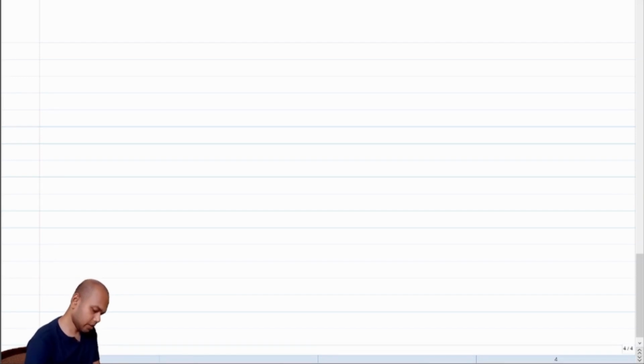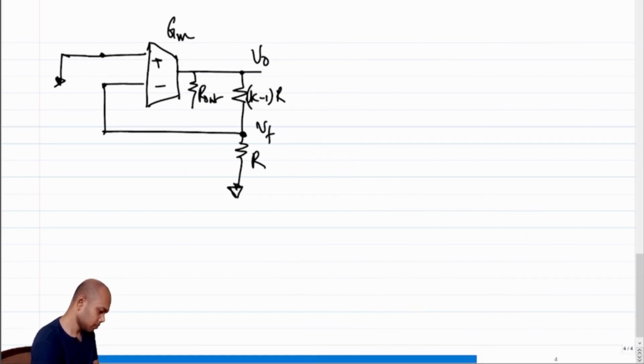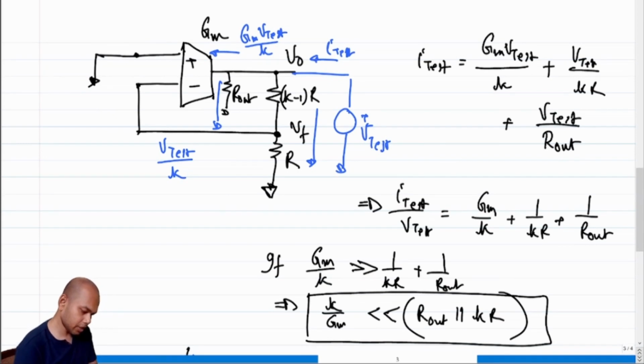So let's sketch this circuit again. I probably have to use a different terminology instead of R out, because we can use R out of the GM.